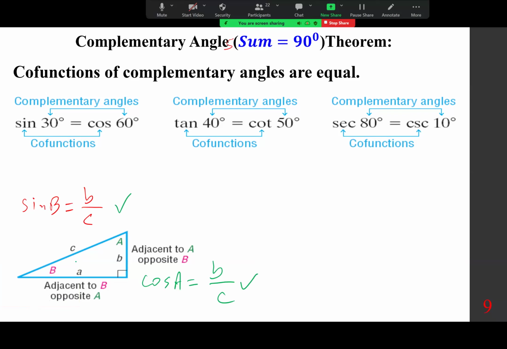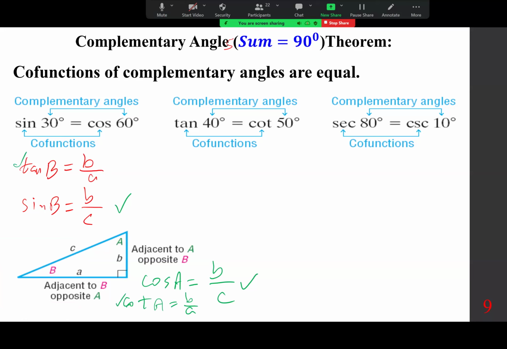For example, if you want tangent, let's write that one also. Tan of B is the opposite, which is B, over the adjacent, which is A. Now cotangent of A is the adjacent to A, which is B, over the opposite, which is A. So you can see that these two are the same.